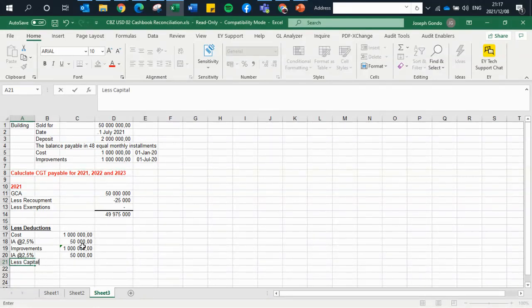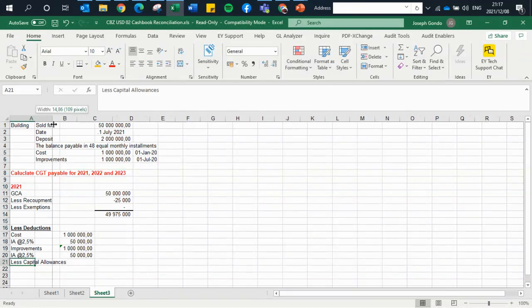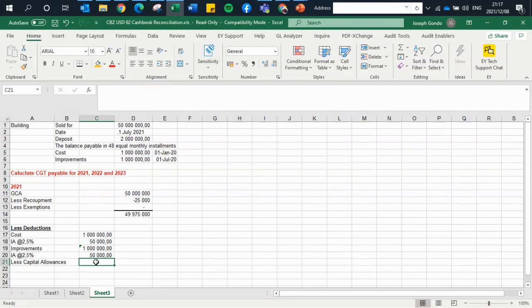Then we have less capital allowances. Capital allowances, we say it will be just equivalent to this. So it will also be negative because it will reduce our deductions. Then do we have any selling expenses? No. Okay.